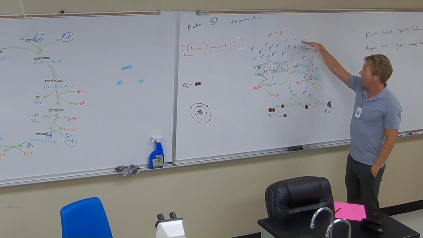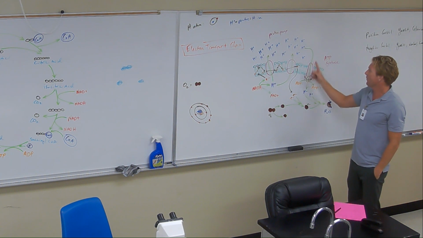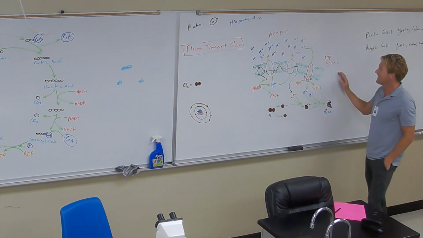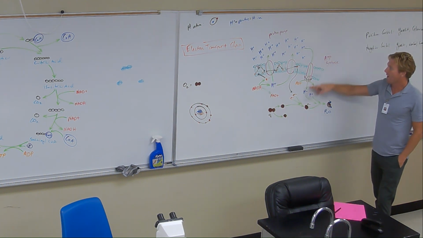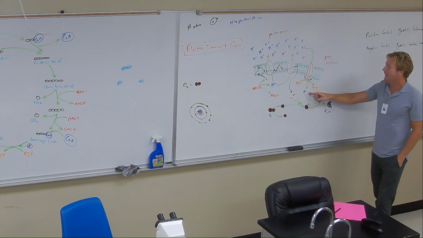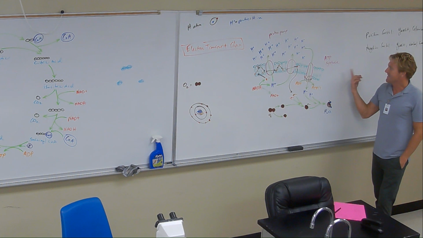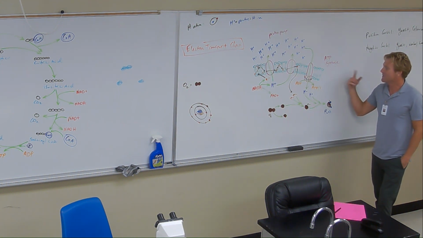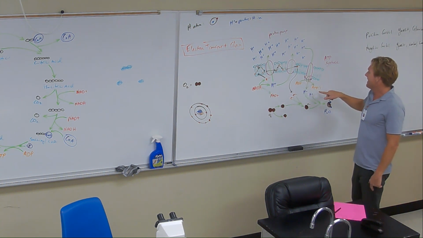Well, the protons want to diffuse back across this inner membrane, but the only way they can get through is through this special protein called ATP synthase. It will allow protons to diffuse across the inner membrane, and every time it does, it's going to turn like a turbine. And as this ATP synthase turns, it's going to turn a molecule of adenine diphosphate into adenine triphosphate.